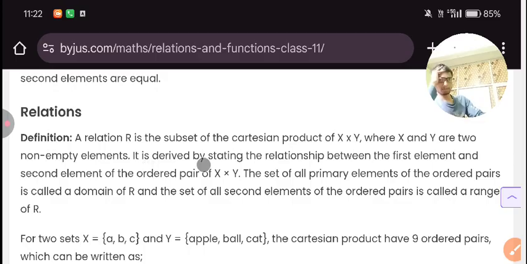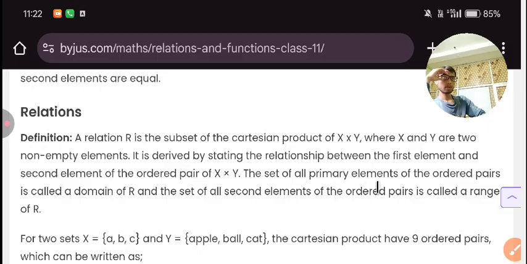Look, a relation is a subset of the Cartesian product. It is also a set, but it is a subset of a Cartesian product where x and y are two non-empty sets. It is derived by stating the relationship between the first elements and second elements of the ordered pairs of x and y.